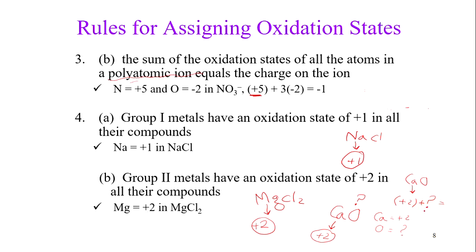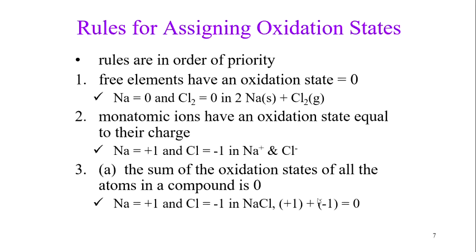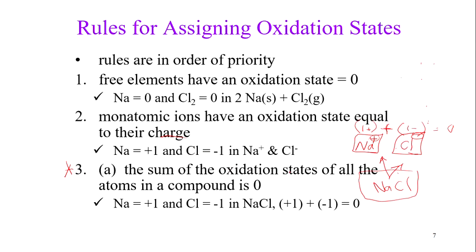What is the charge for this compound? Nothing, 0. So based on the previous rule, the summation of the oxidation states, the oxidation numbers of elements in the compound, must be 0. Please look at this: the summation of oxidation states of all the atoms in the compound is 0.